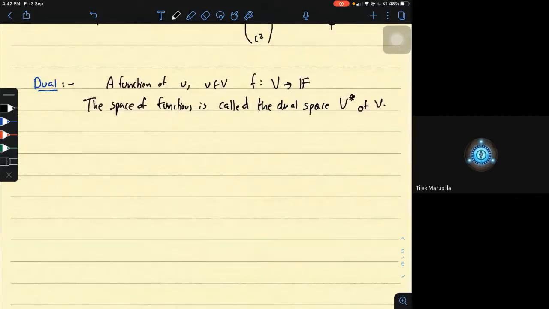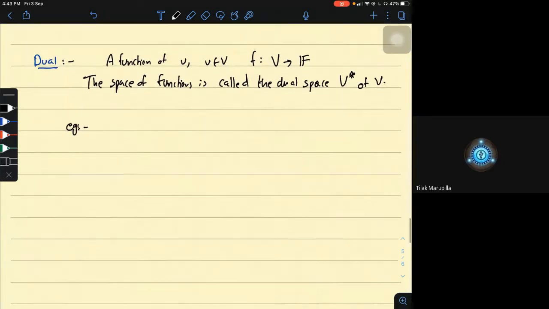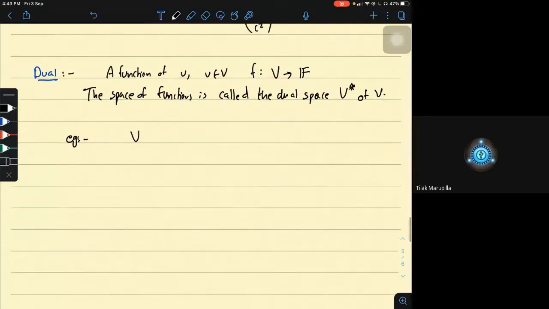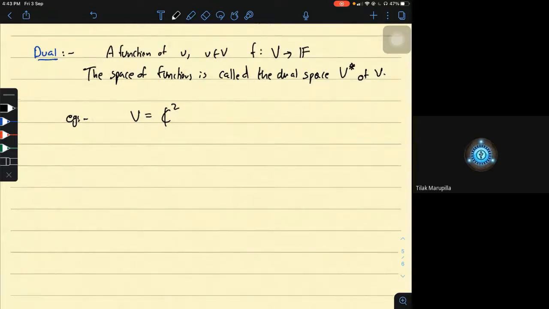So let's look at one example to get an idea of what I mean by a function. It's also a linear function, by the way. So if V is equal to the complex vector space which we defined earlier, all of these elements can be written as C1, C2.